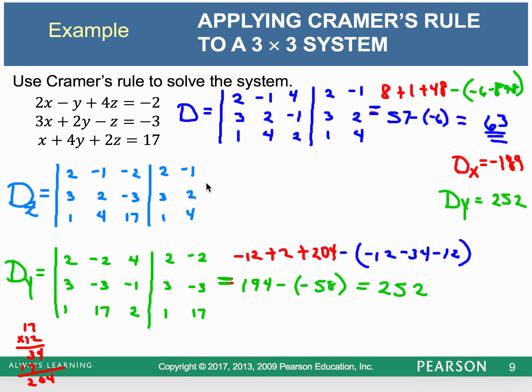Okay. So this is 17 times 4, 68, plus 3, minus 24. Then we got to do minus the other direction. So negative 17 times 3 is 51, right? Negative 51 minus 24 minus 4.